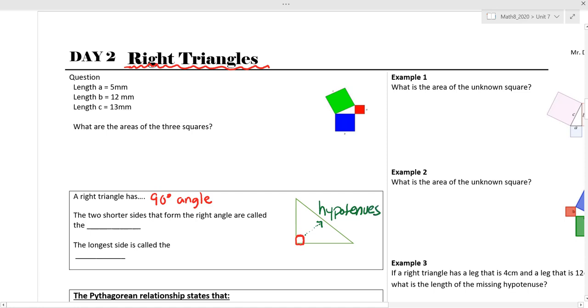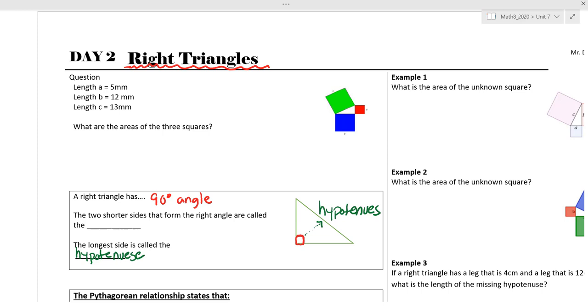Okay, so the longest side is called the hypotenuse.